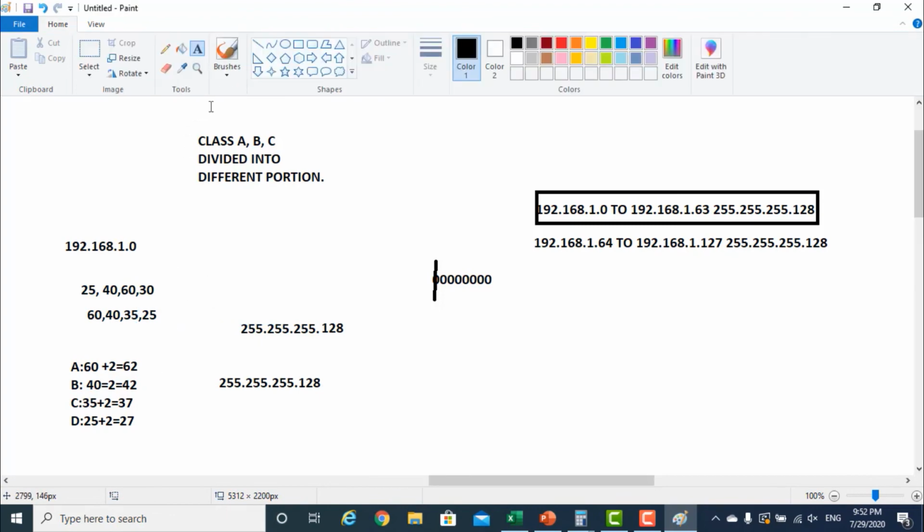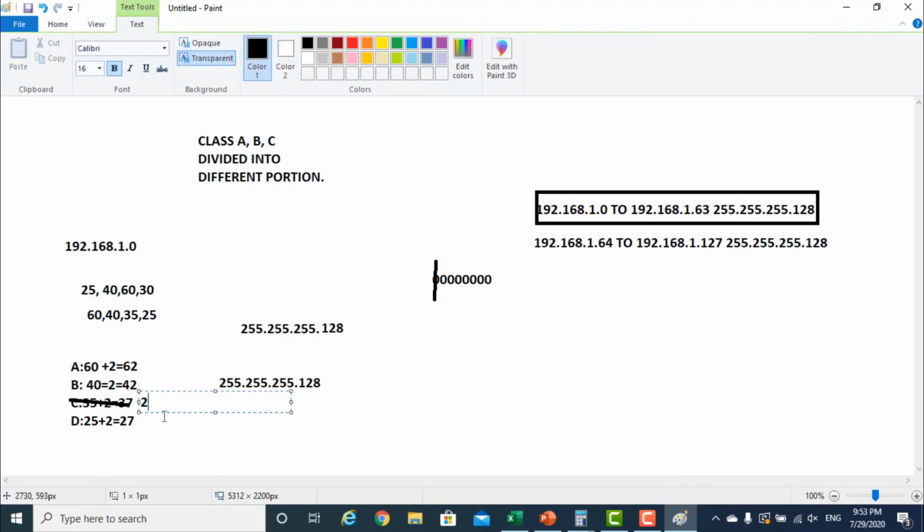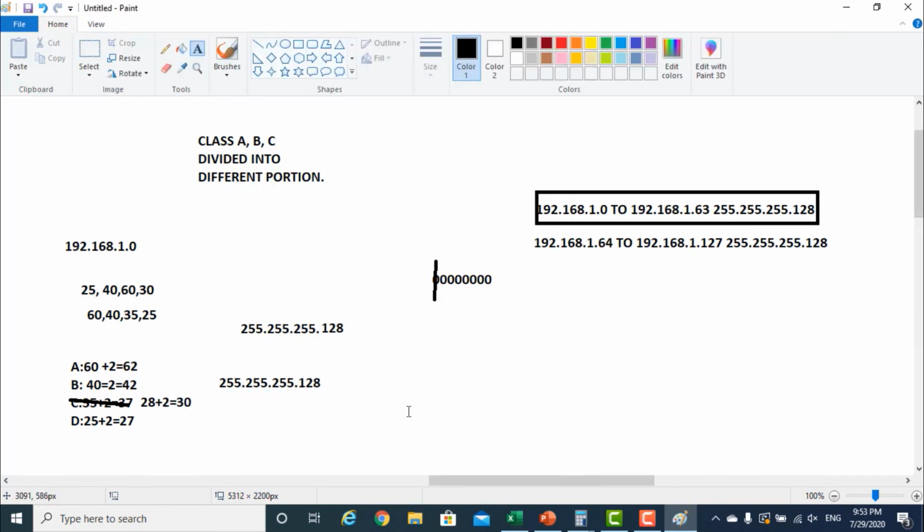I will change the requirement so that you see some changes in how VLSM is going to work. Let's say 28 plus 2, which is equal to 30. Okay, the requirement of company C is, let's say, 30.